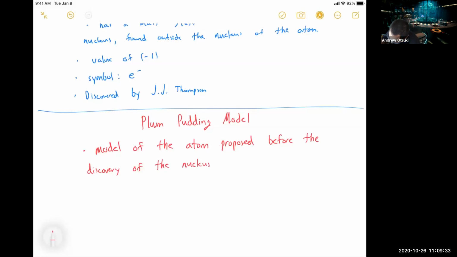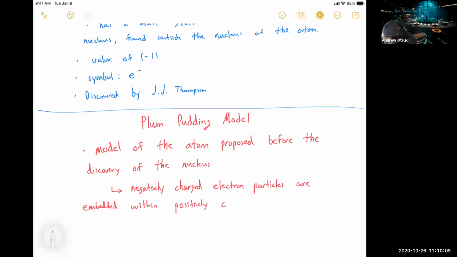So what this states is that the negatively charged electron particles are embedded within a positively charged sphere.